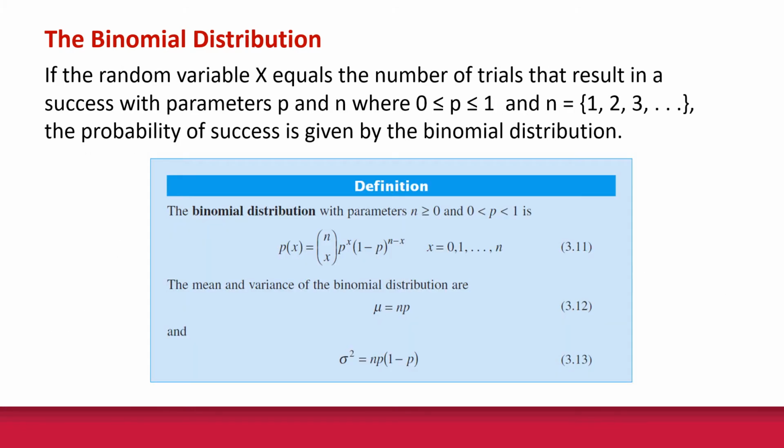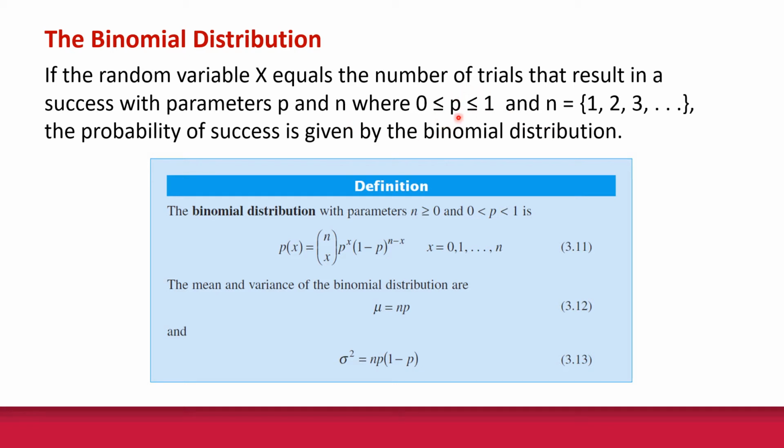So formally, the binomial distribution is defined by the following function. Here, P is the probability. The probability is going to be between 0 and 1. If the probability is 0, then it doesn't occur. If the probability is 1, then it always occurs.